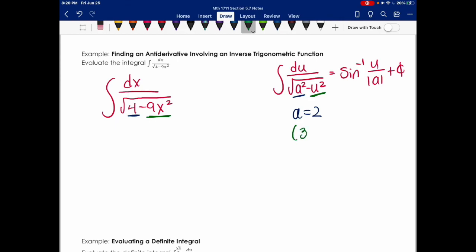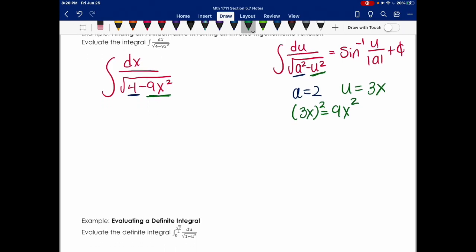Then I'm going to look to see what's being squared to get 9x squared. In order to figure that out, I know that if I take 3x and square it, that's going to give me 9x squared. So I know that u is going to have to be 3x. Now, since it's not just x being squared and it's 3x, we're going to have to think about the chain rule. If u is equal to 3x, then du is equal to 3 dx.